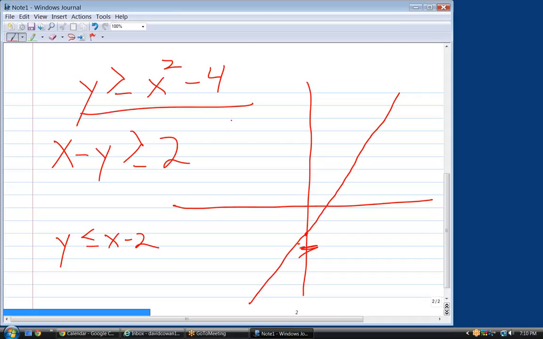This, again, is a parabola that has been shifted down by 4. So that's the same parabola, only it now goes through here. And I've got to be greater than the parabola and less than the line.